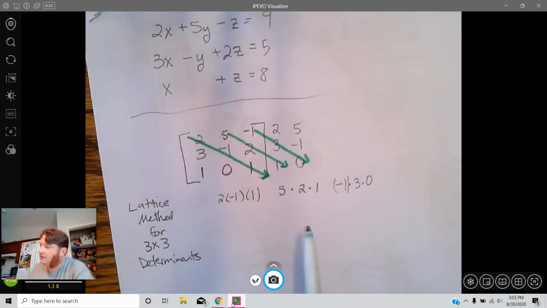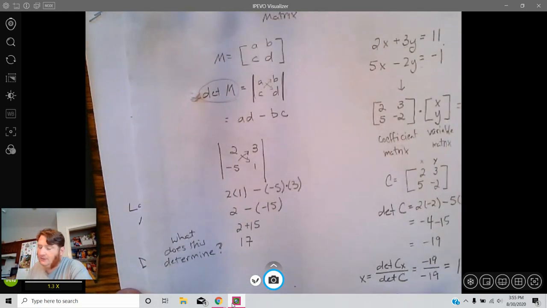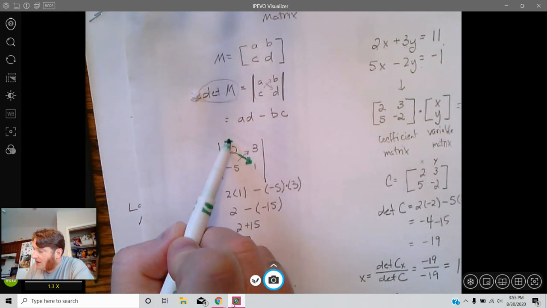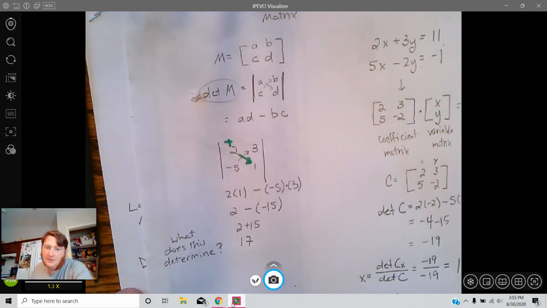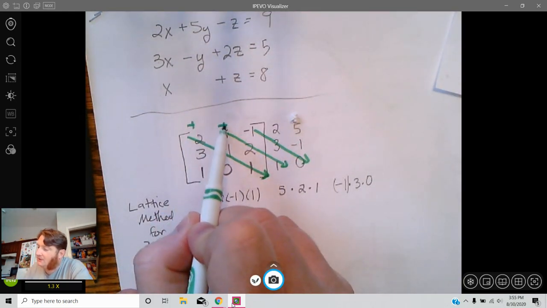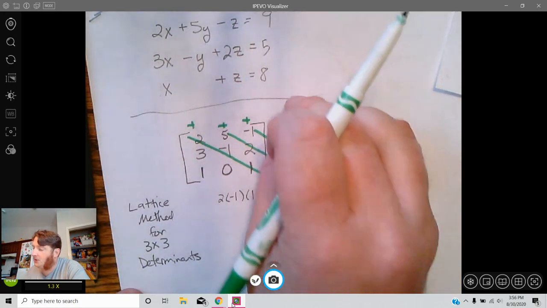And part of the idea is that similar to with the 2x2 matrix, this was a positive diagonal, so to speak. So all three of those are positive diagonals. So those are plus signs between those multiplications.